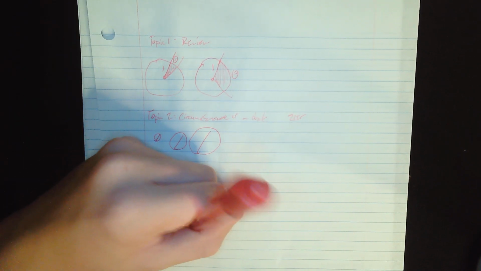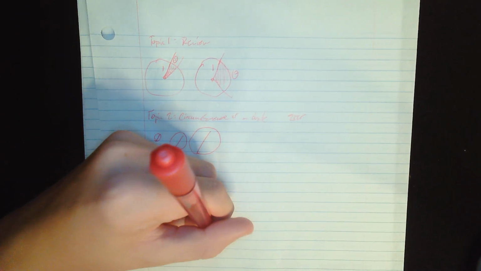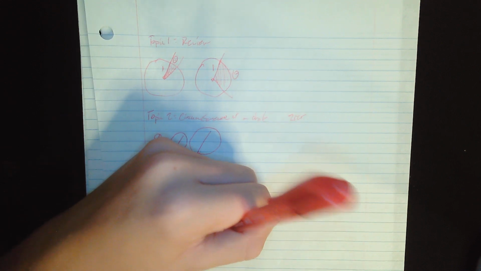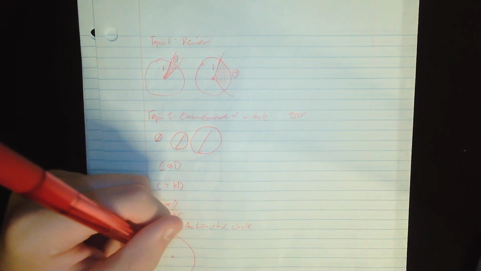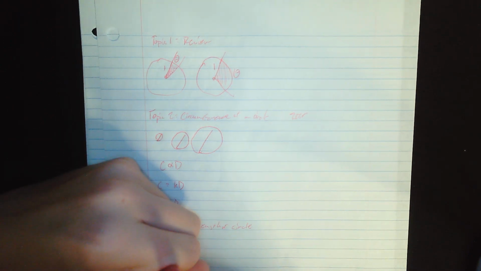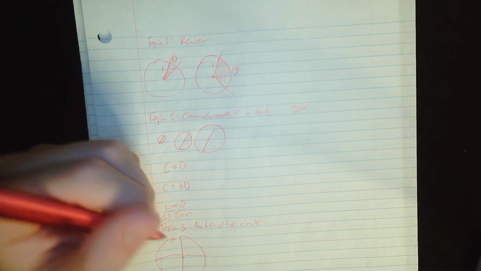Moving on, topic 3. We're going to discuss how to find the arc length of the circle. So, if we have a circle here, and I'm going to draw it into quadrants, like so.